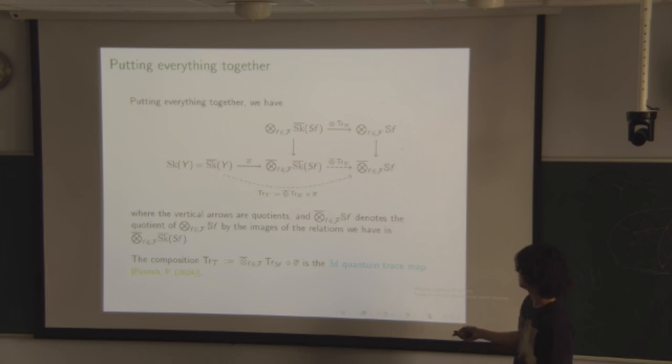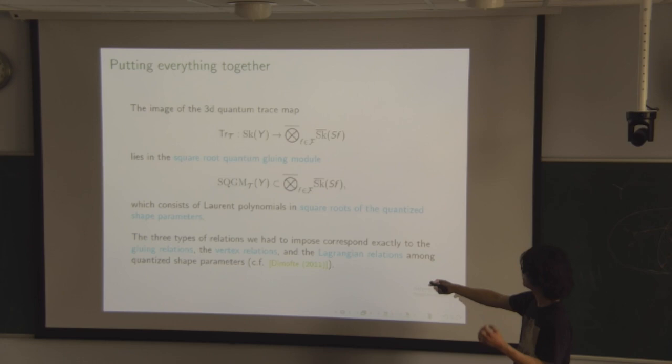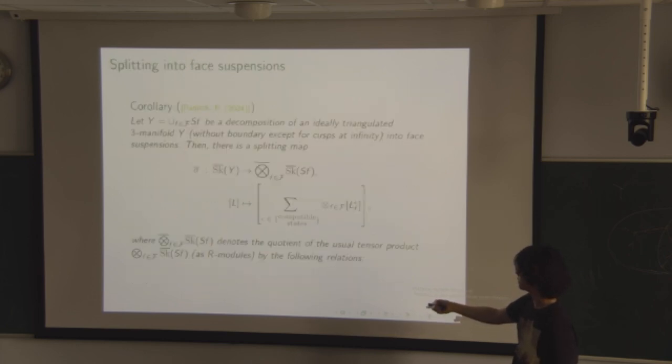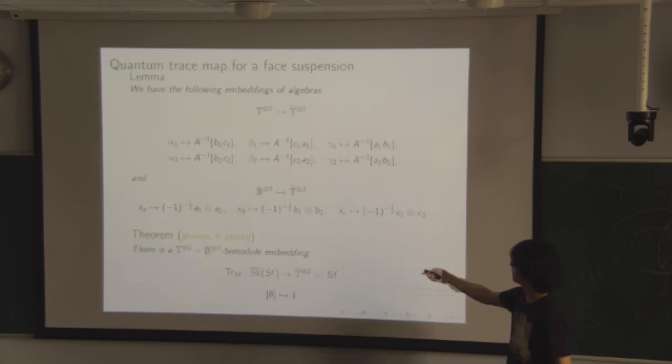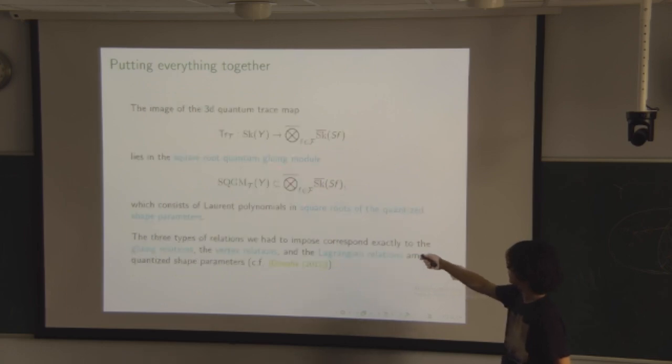And the image of this 3D quantum trace map turns out to lie in the square root quantum gluing module, for the reason that I told you earlier: the gluing relations that we have under splitting look exactly like the relations among the quantized shape parameters, and that's exactly why this construction works.